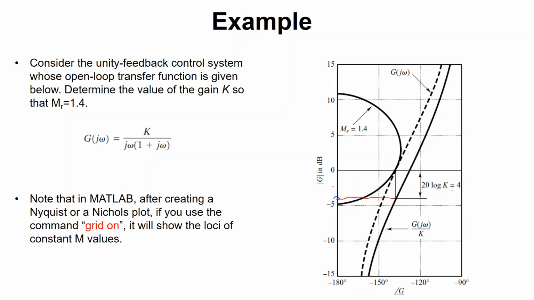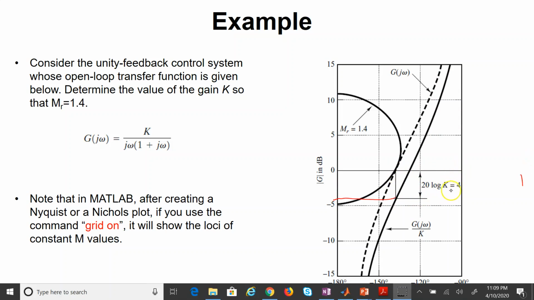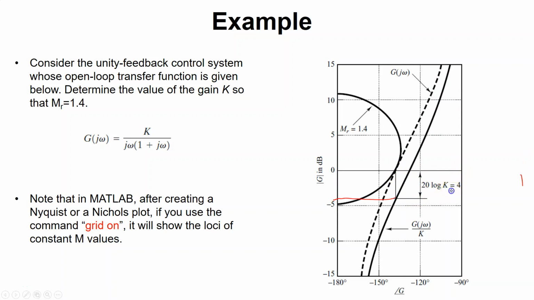If I shift this up 4 decibels, then they're going to be tangent. And that 4 decibel is this 20 log k of vertical shift that would happen for changing k from 1 to arbitrary k. So now if I solve this, I'm going to see that the k I need is 1.59.